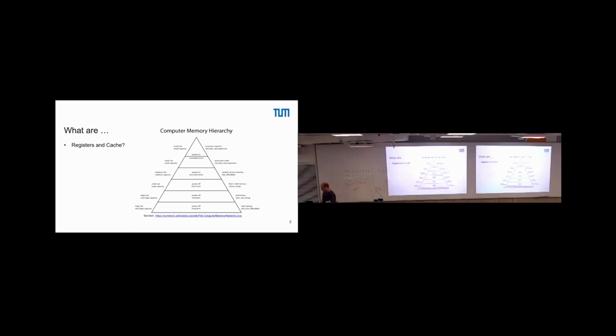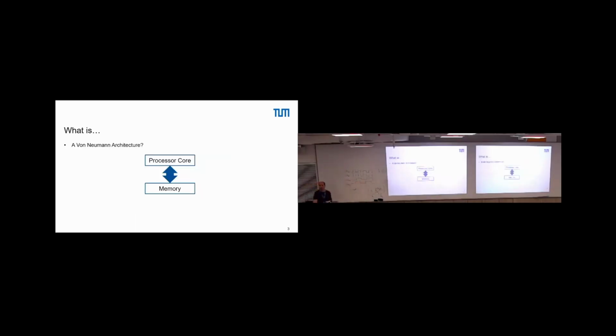Then probably you heard, in this context, as a quick recap, of von Neumann and Harvard architectures. If we have some memory, we want to put it into a processor core.